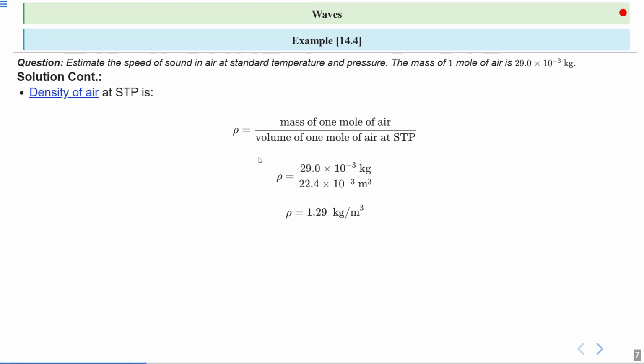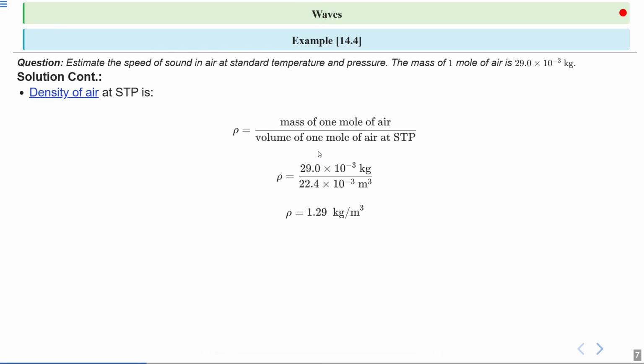After calculating, we find that the density of air at STP is 1.29 kilogram per cubic meter. This value is typical for air under standard conditions. We will use this density to estimate the speed of sound.